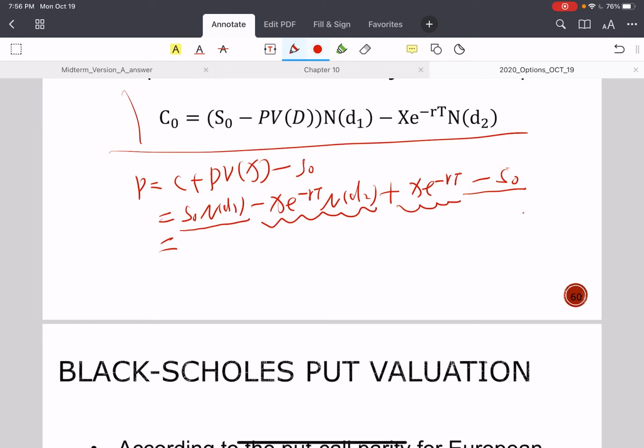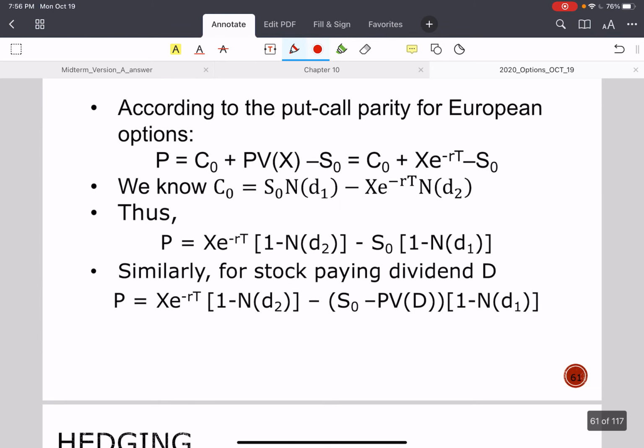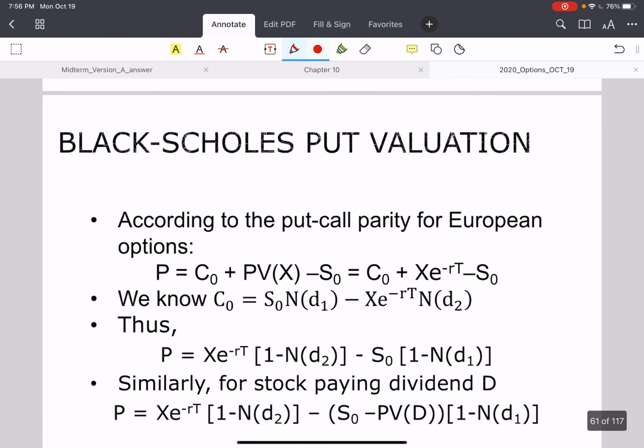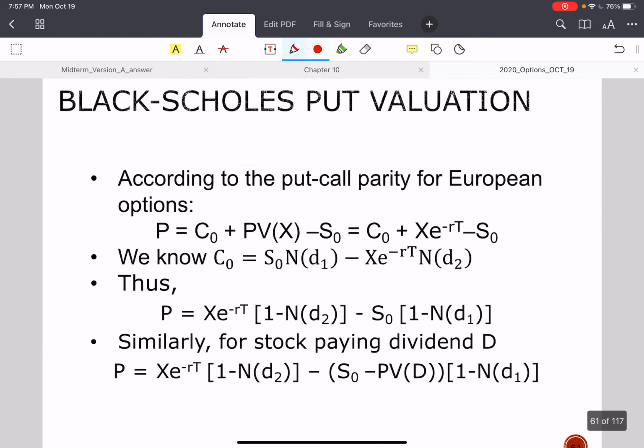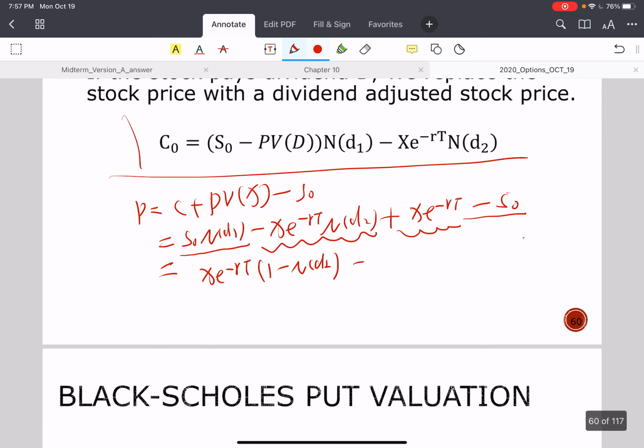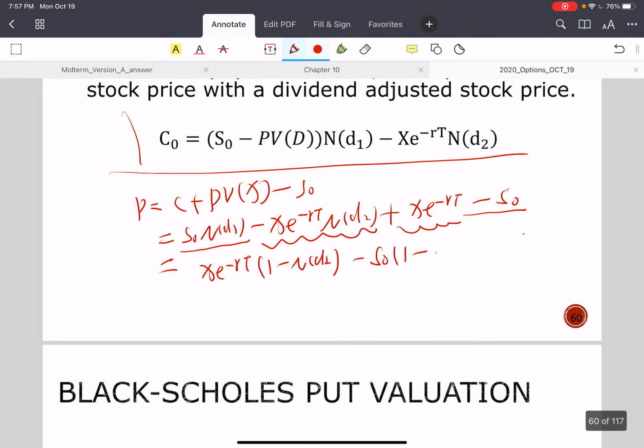So essentially, following the lecture note, we will get X e^(-rT) times (1 minus N(d2)) minus S0 times (1 minus N(d1)), right?